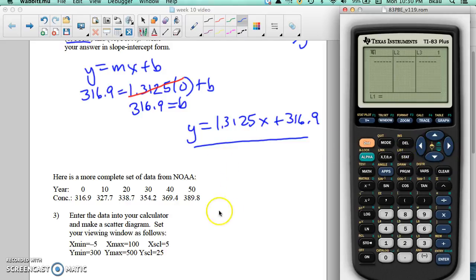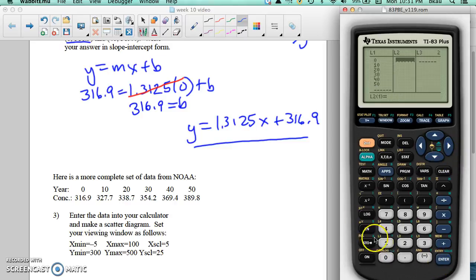Okay, now let's put the data in. So we hit 0, 10, oops, clear. Let's try that again. Stat, enter for edit, 0, enter, 10, enter, 20, enter, 30, enter, 40, enter, 50, enter.